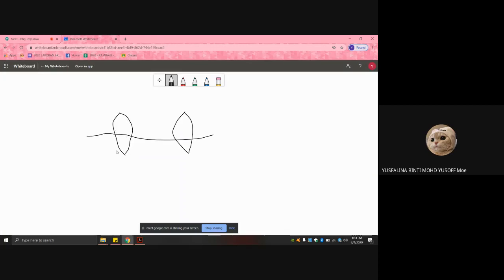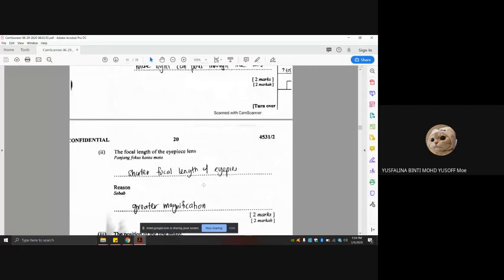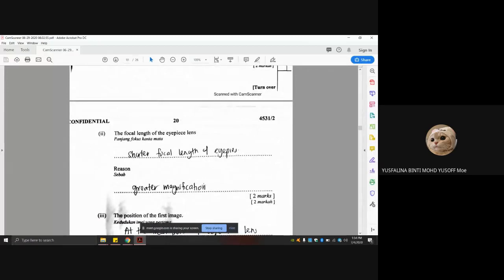The first one here is called the objective lens, and at the back we call it the eyepiece lens. The focal length of the eyepiece should be shorter, for a greater magnification, or you can say it can magnify the image more.